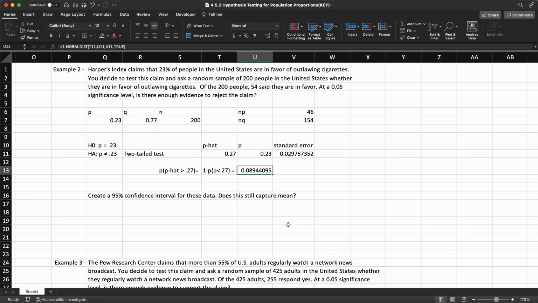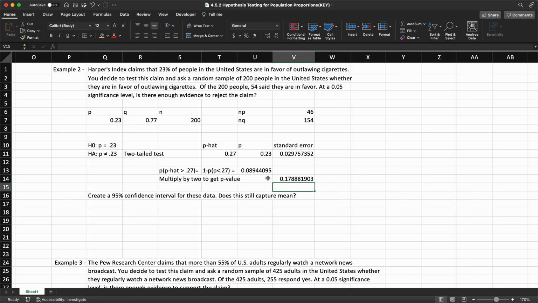We get 0.08944 as my probability, but this is a two-tailed test. That's the probability above the mean. We need to multiply this by 2 to get my p-value. So I'm going to take this value and multiply it by 2.